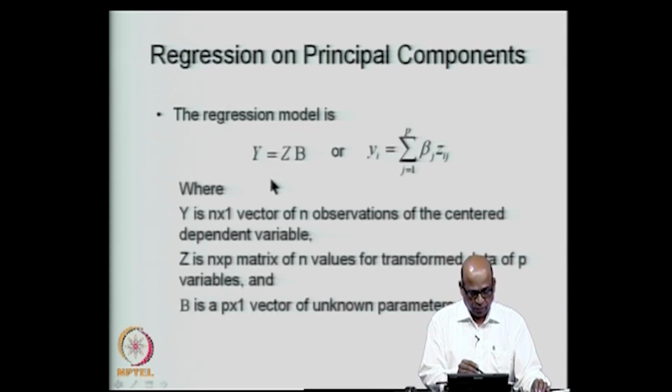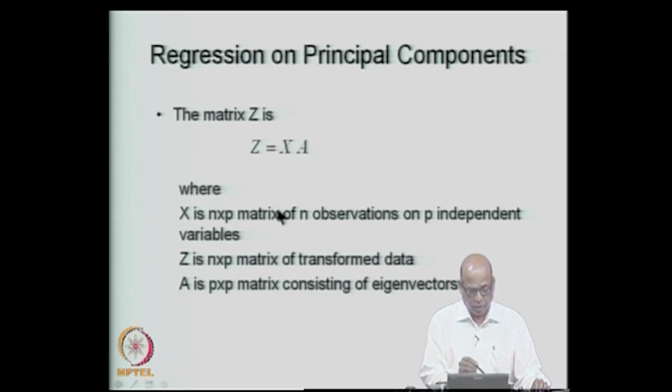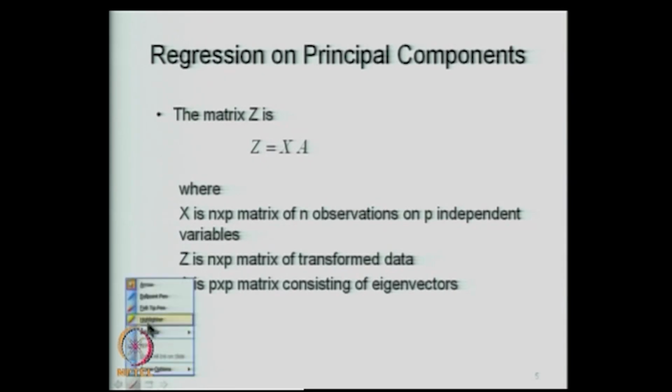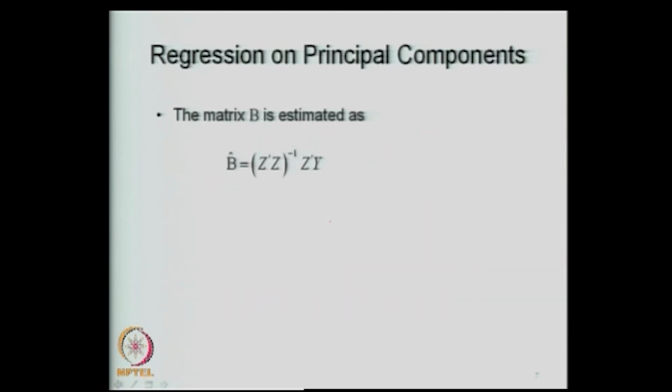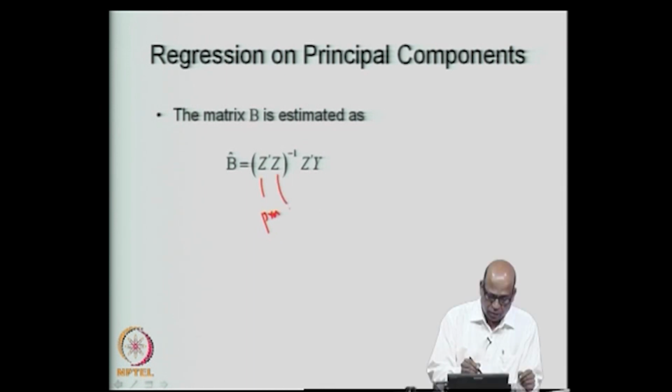So, z is, let us look at the dimensions now. What is z? Z is n by p matrix. So, z is n by p. So, this is p by n z dash, and z is n by p, and therefore, you will get p by p, and z dash is again p by n, and this is n by 1.